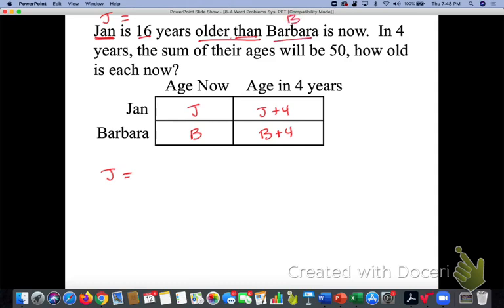Well, that's a B. This is a 16, and older than is plus. But because it says than, we have to crisscross our terms. The 16 is on this side, the B is on this side, the plus sign here. So it's really going to be B plus 16 because it has that word than.